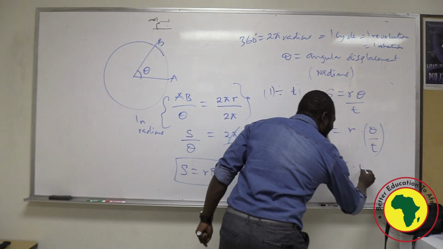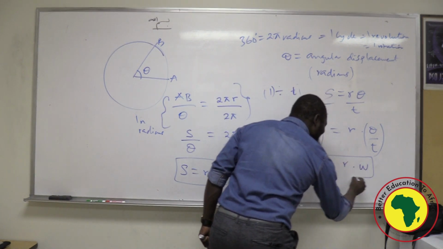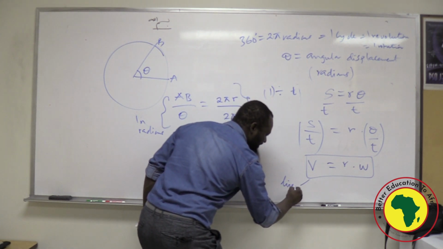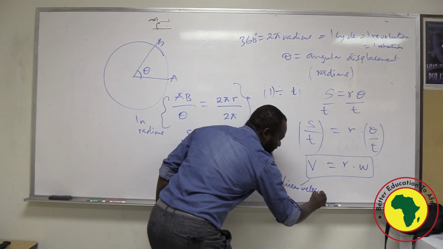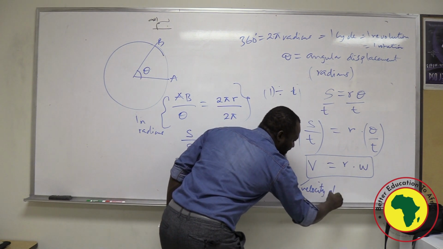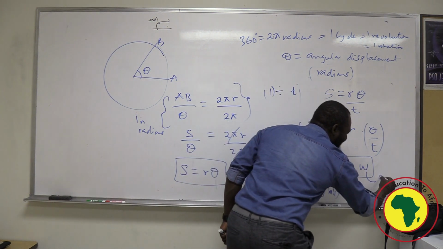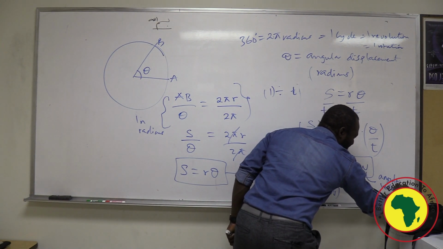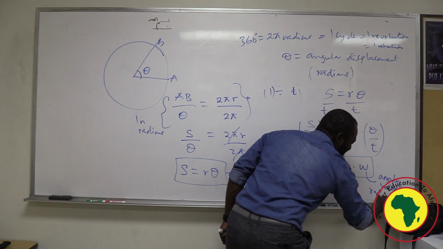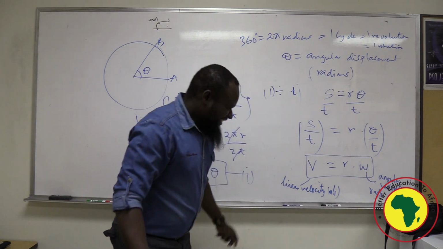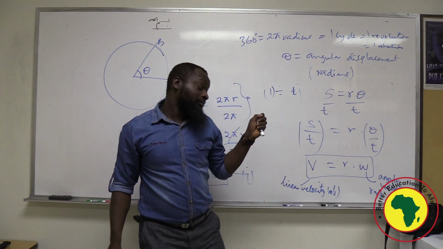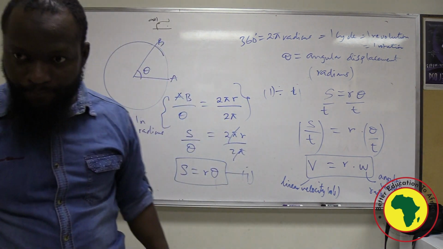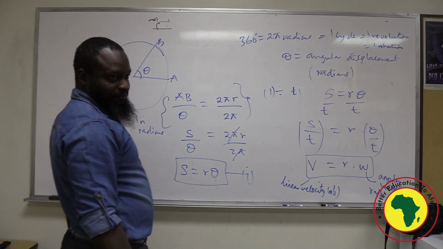So V equals R omega. V is linear velocity measured in meters per second, and omega is angular velocity measured in radians per second.